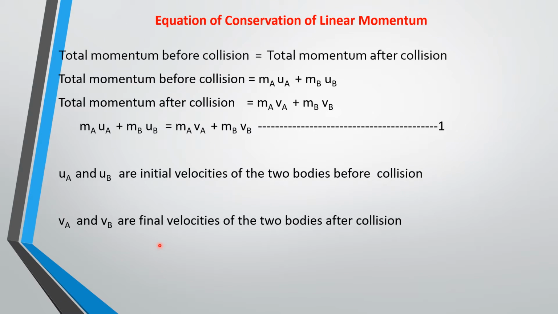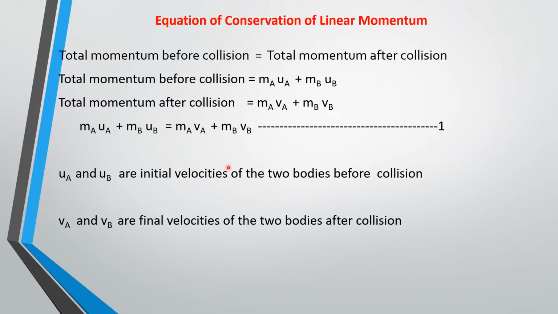Equations of conservation of linear momentum. We said that if you consider two bodies A and B of mass mA with initial velocity uA, and then of mass mB with initial velocity uB, their total momentum before collision will be mA uA plus mB uB.